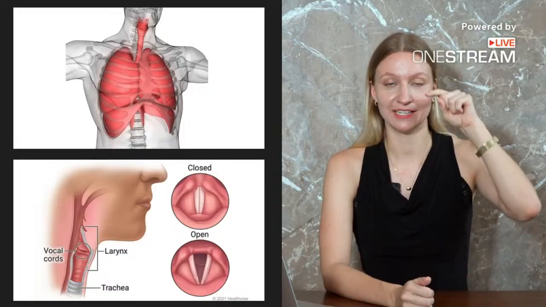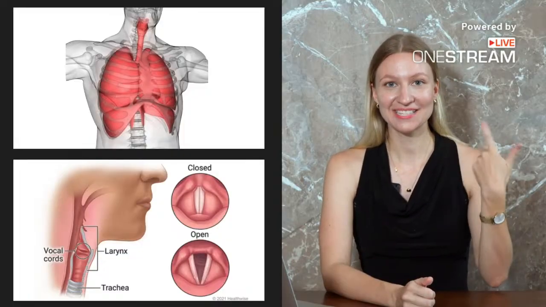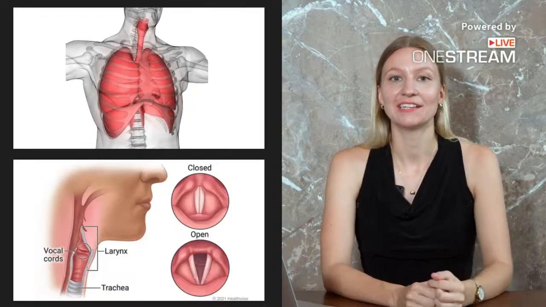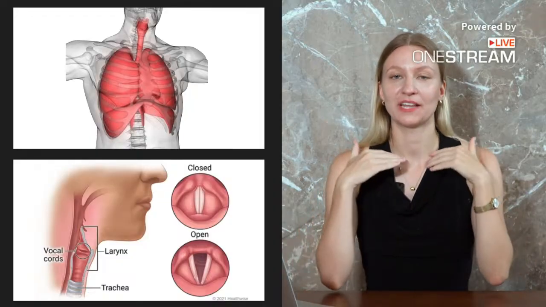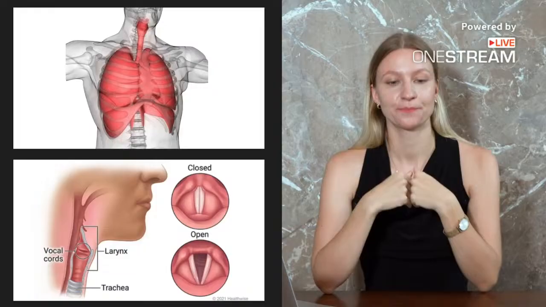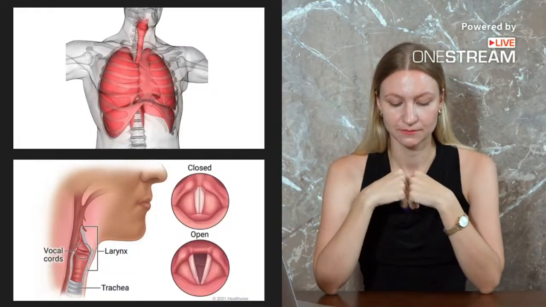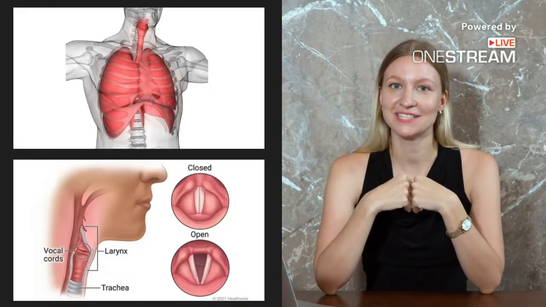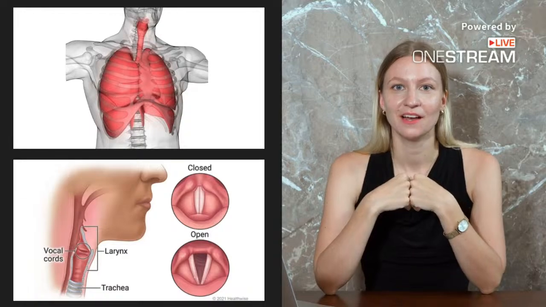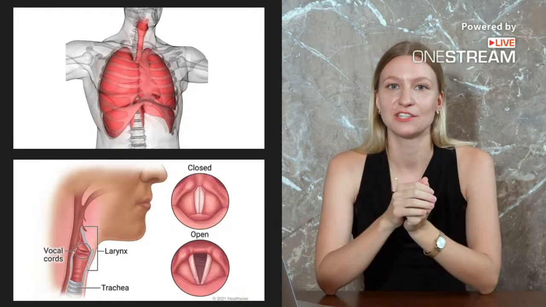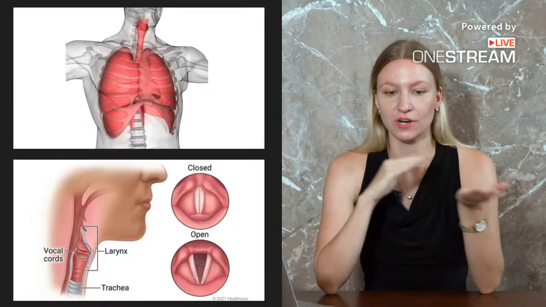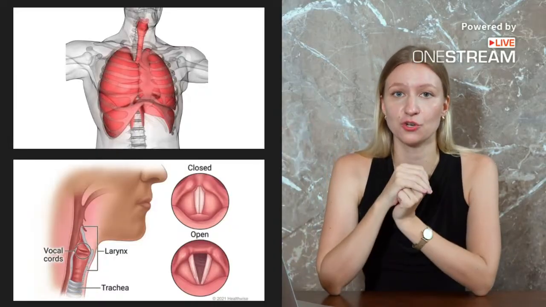So higher position and nasal. Hi, my name is Alisa. And if I would do lower position of my larynx, it would sound this way. Hi, my name is Alisa. I guess all of you could hear the difference between all of those four positions that I've showed.